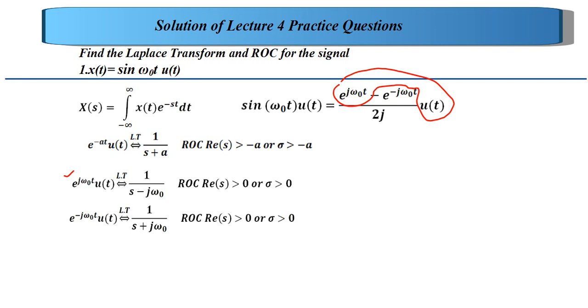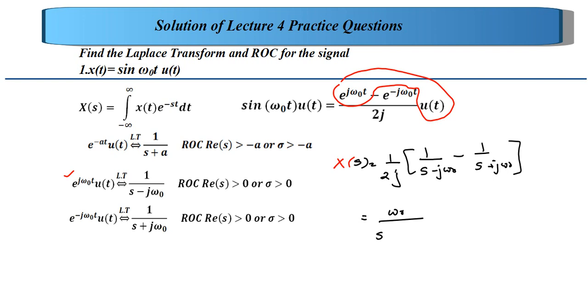We can combine these two results, so we'll get X of s as 1 by 2j times 1 by (s minus j omega 0) minus 1 by (s plus j omega 0). If you combine this, it becomes omega 0 divided by s square plus omega 0 square, and sigma greater than 0.